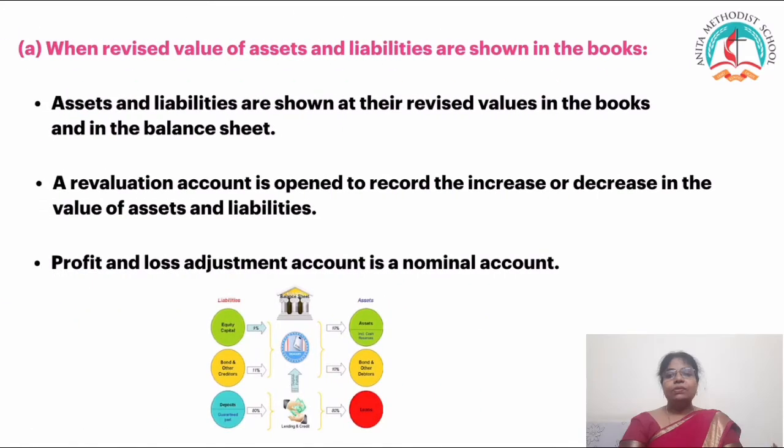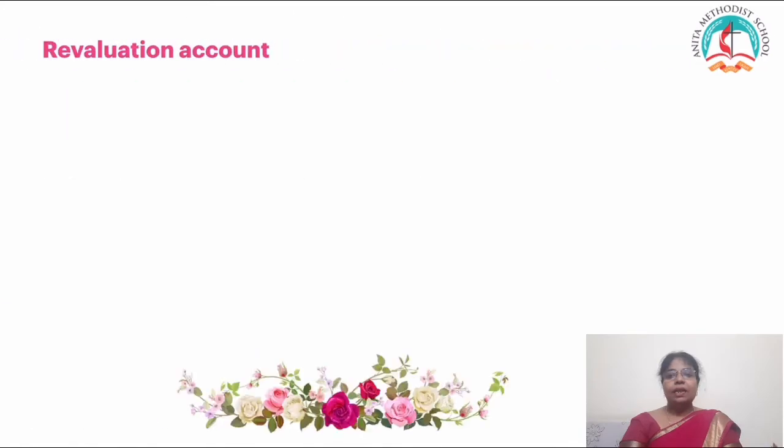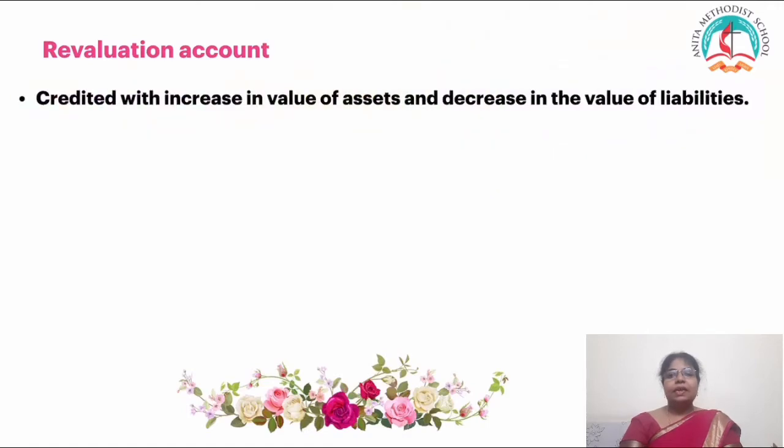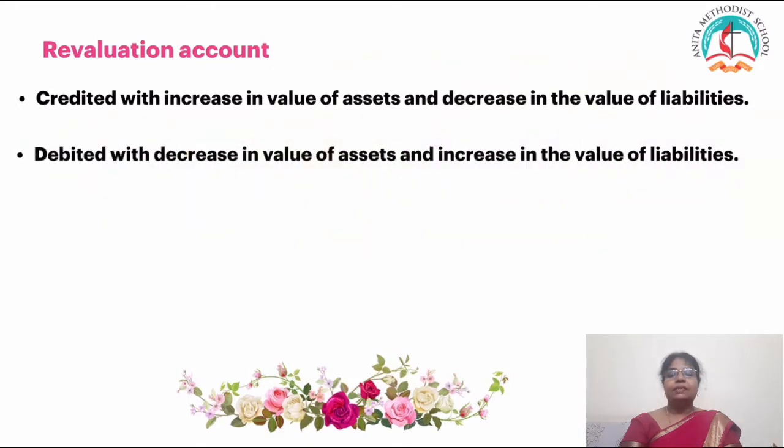We will see how to record in the revaluation account. It should be credited with increase in value of assets and decrease in the value of liabilities. And revaluation account should be debited with decrease in value of assets and increase in the value of liabilities.